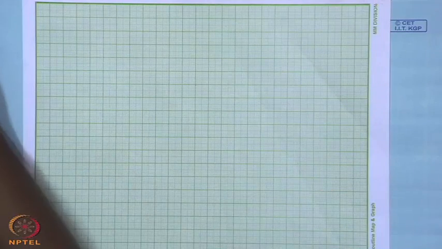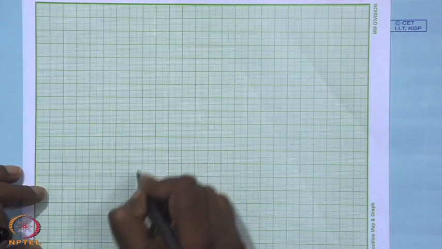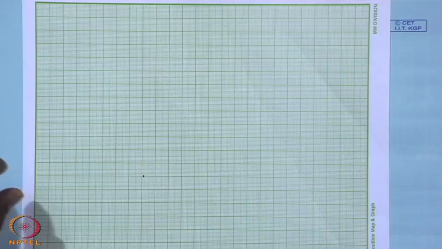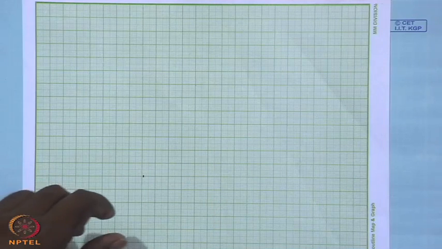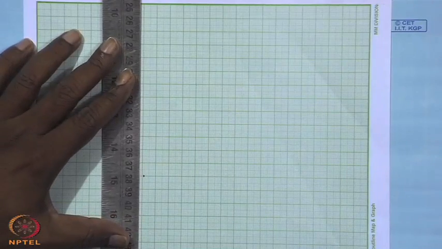So, as before, let me assume that this is my origin. I will draw the x axis and y axis over here, or the x 1 and x 2 axis.